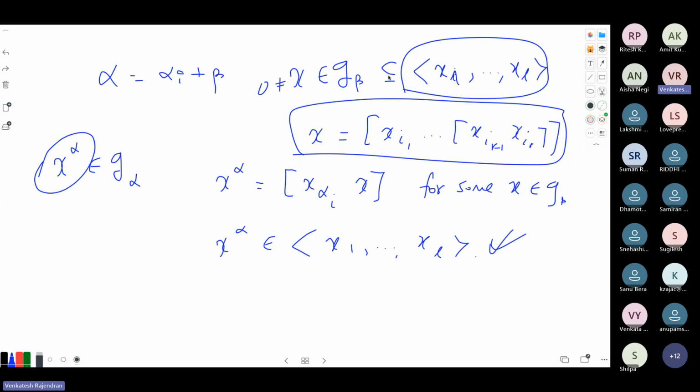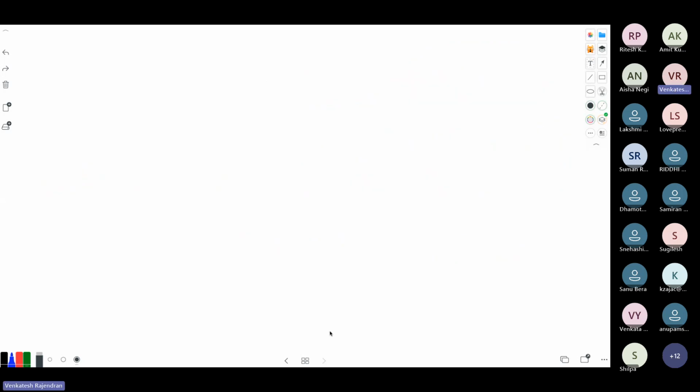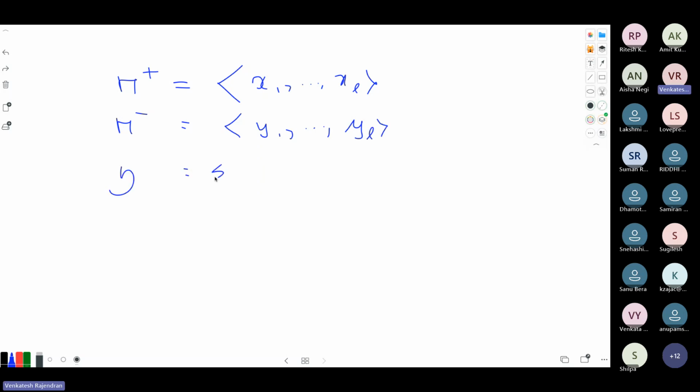x's. So if you think about it, you have n plus, and you have shown that this is exactly the subalgebra generated by these. Similarly, n minus is also the subalgebra generated by these, and then h is indeed the span of these.